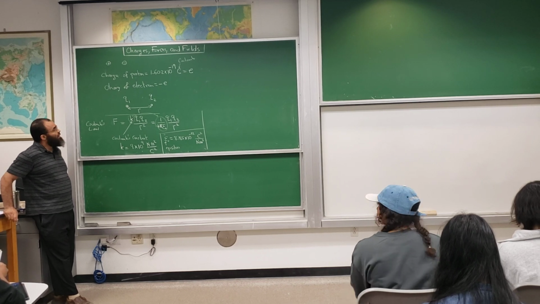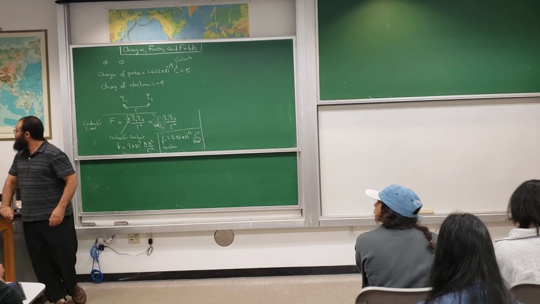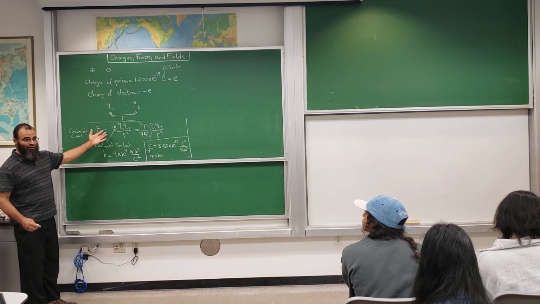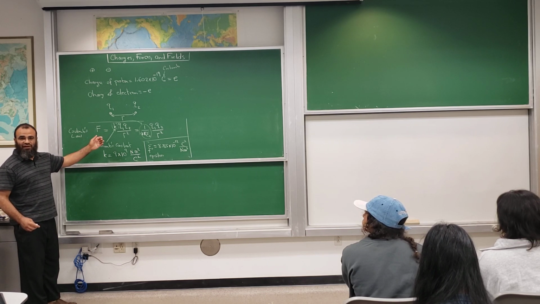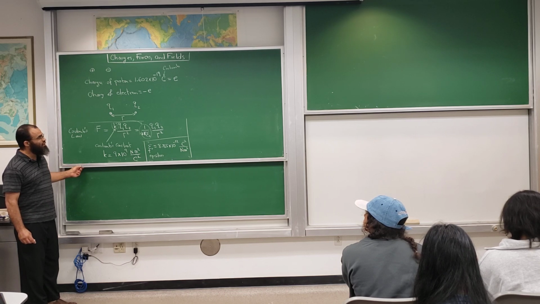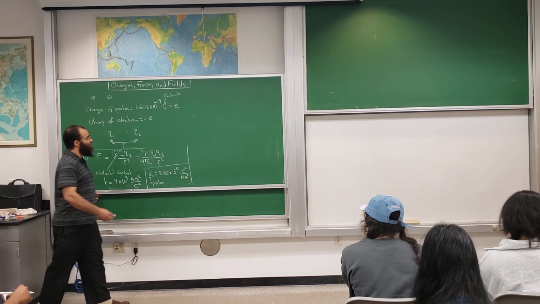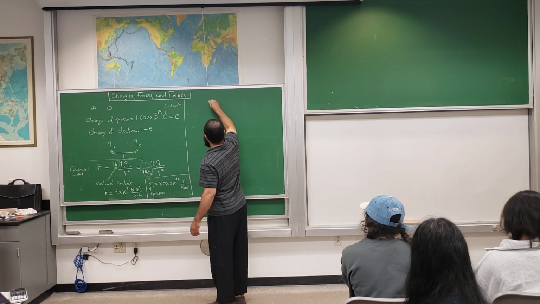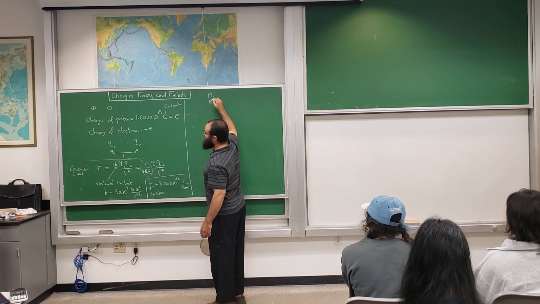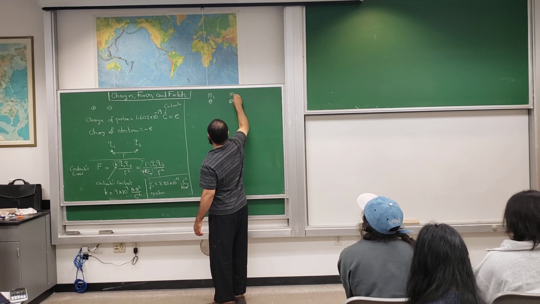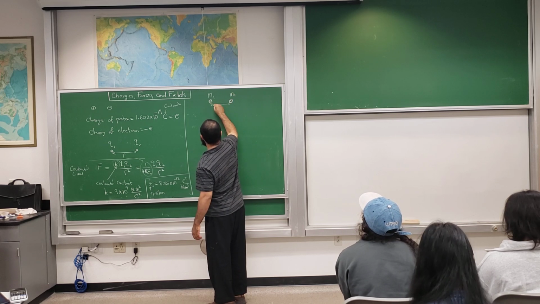So let's go to our first example to get a feeling of this law, how to use it, and the strength of these electric forces, right? So we all know, or we should remember, this law. Let's say this is a mass, and this is another mass, and they're separated by a distance r.